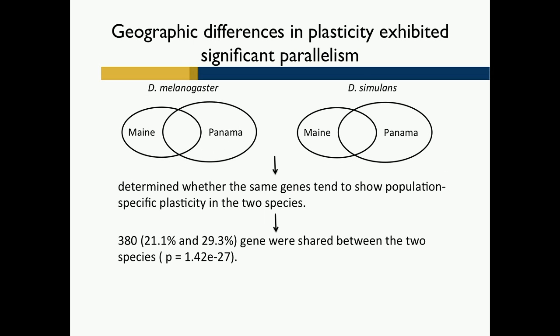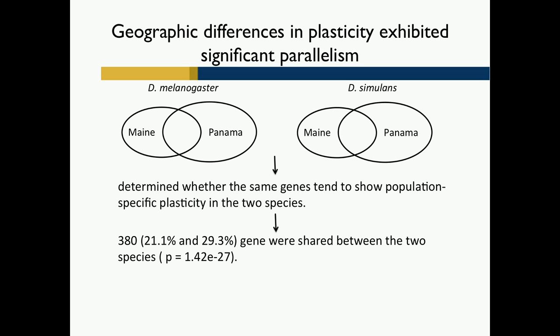We then want to understand if geographic differences in plasticity have parallelism. In order to understand this, we studied the genes that have plasticity in the Maine or Panama population, but not in both populations. Then we used these genes to determine if they tend to show population-specific plasticity.